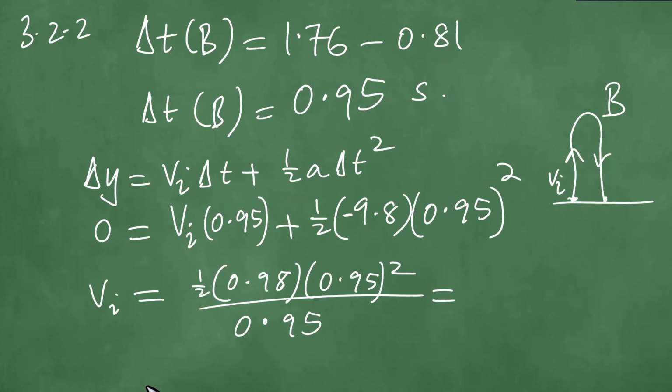So let's just do that. What answer do we get there? Finish that off. It needs a calculator. Because this one was negative, but now if you move it across, it's going to be positive, and divide by 0.95.